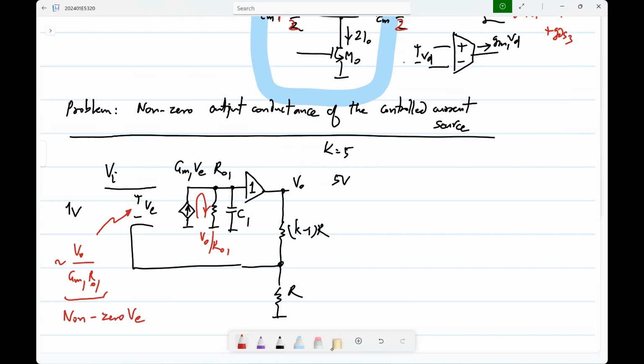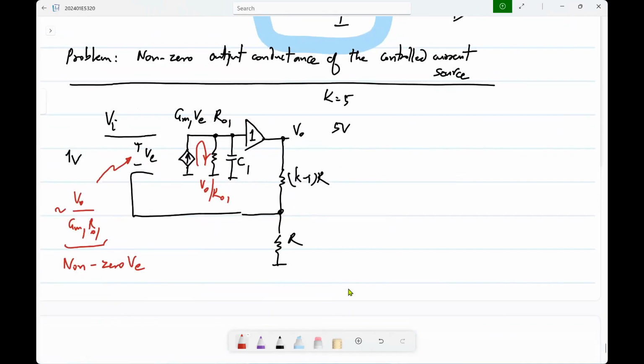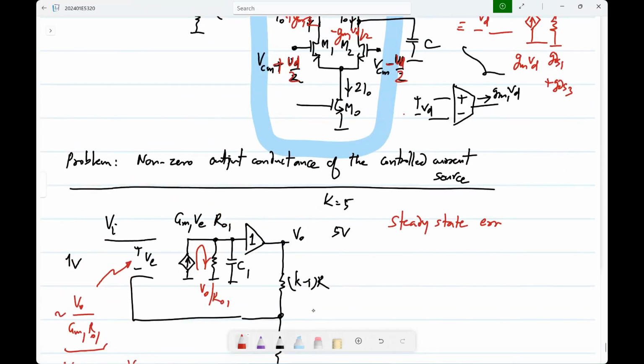It has a small voltage, depends on the value of GM1 RO1, but nonetheless it has some voltage. So this is the steady state error in the feedback voltage, basically V naught by GM1 RO1.